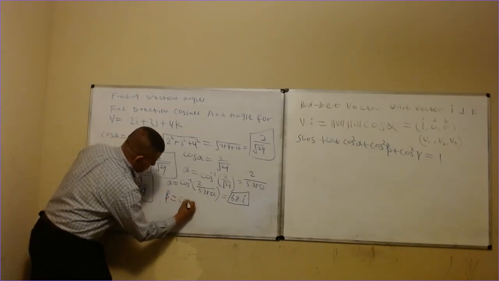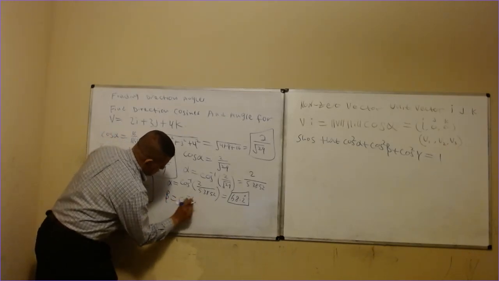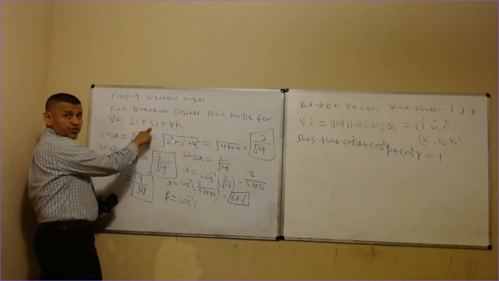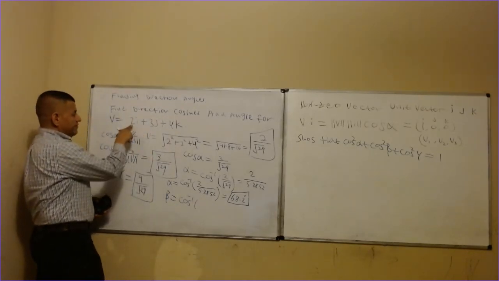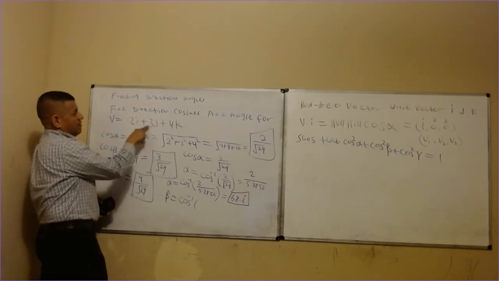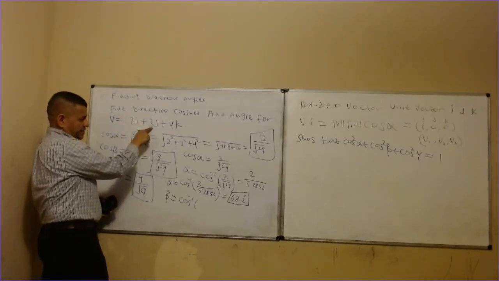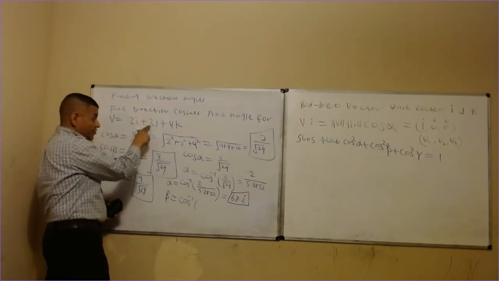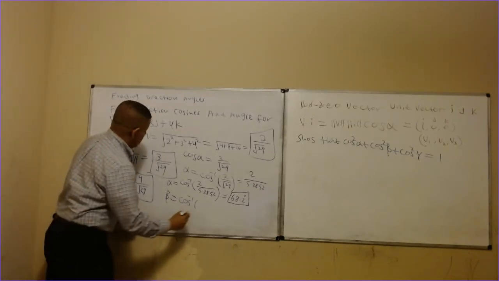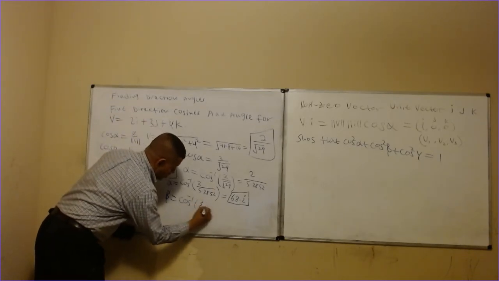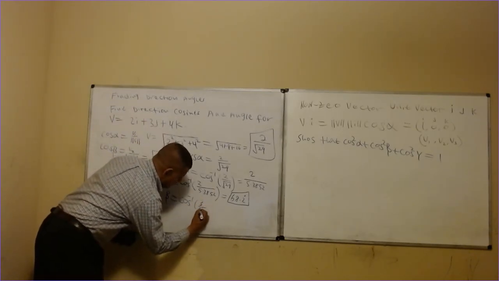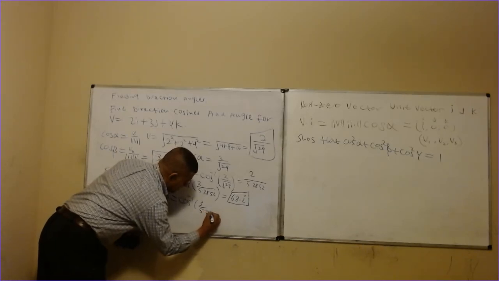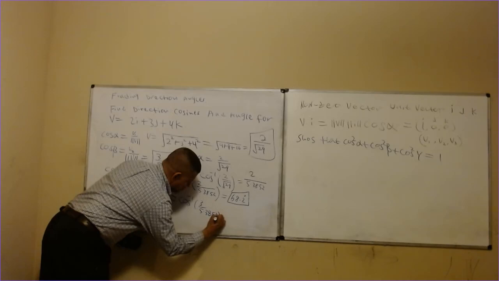Beta is going to be equal to the cosine inverse of, now I'm doing beta, I gotta use 3, right? When I was doing alpha, I was using 2. Now the beta angle will correspond to J, right? So it's going to be equal to 3 over 5.3852.